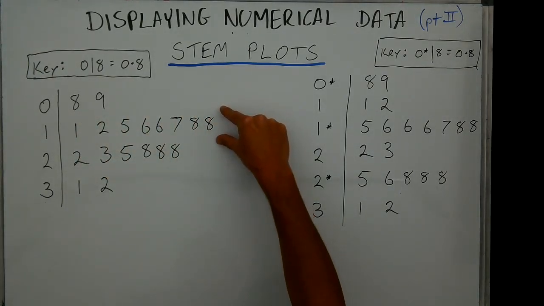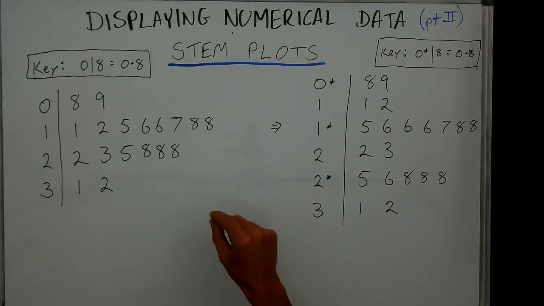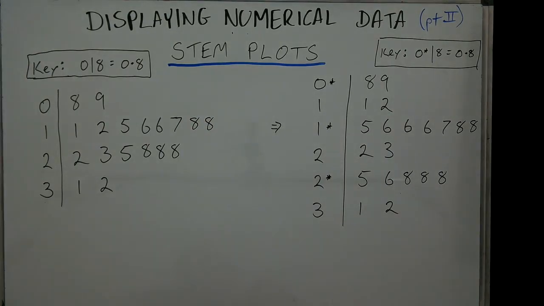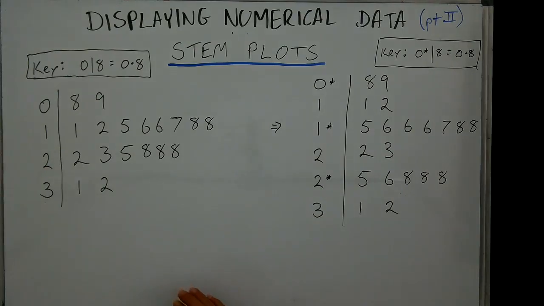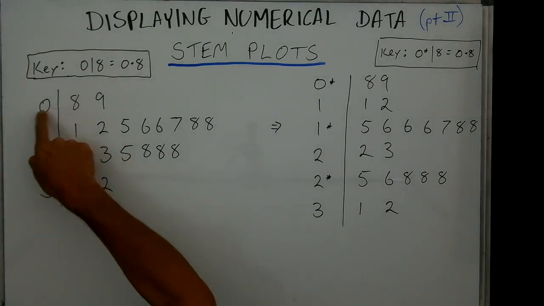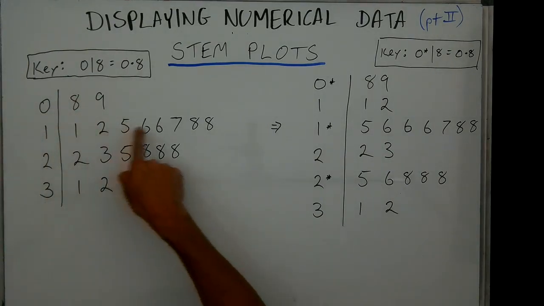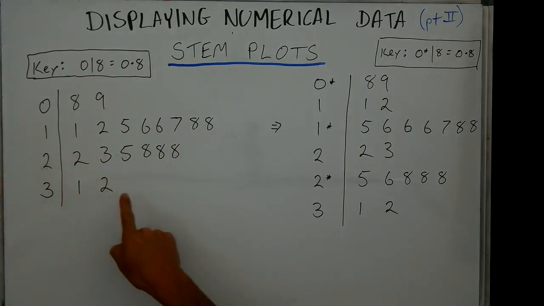So most of the data is in the 1 point something category, grouping, I should say. And I suppose another thing to stress is all the data is arranged in order, from smallest, 0.8, 0.9, smallest to largest as we go through.